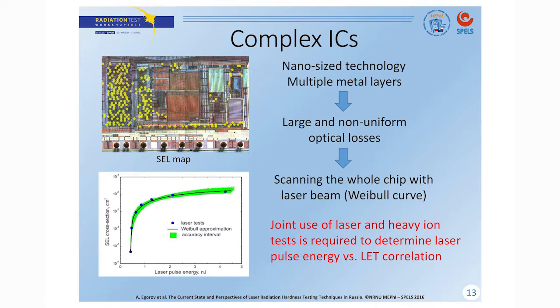So in complex ICs with multiple metal layers, this can significantly complicate the application of focused laser techniques due to increased optical losses. So we have to use the next method. It consists of scanning the whole chip with a focused laser beam of varying energy to determine the cross-section.